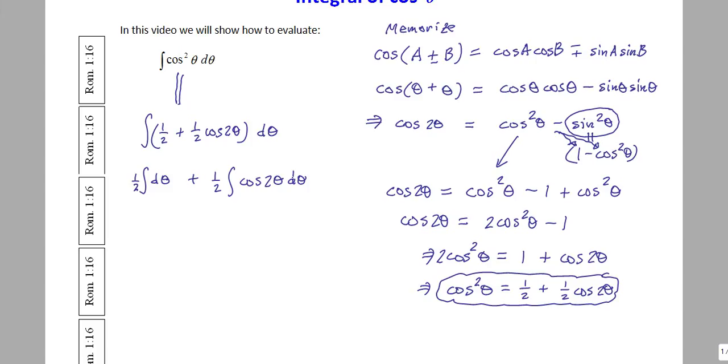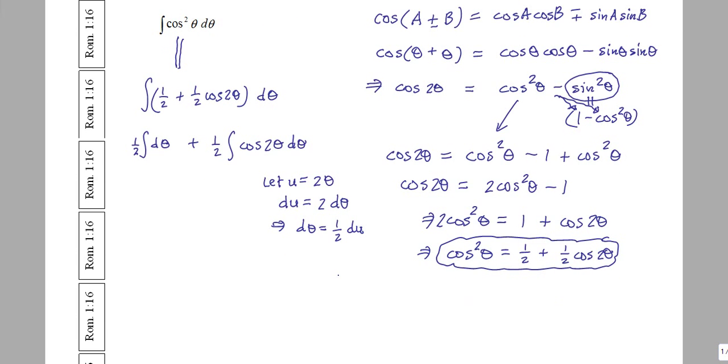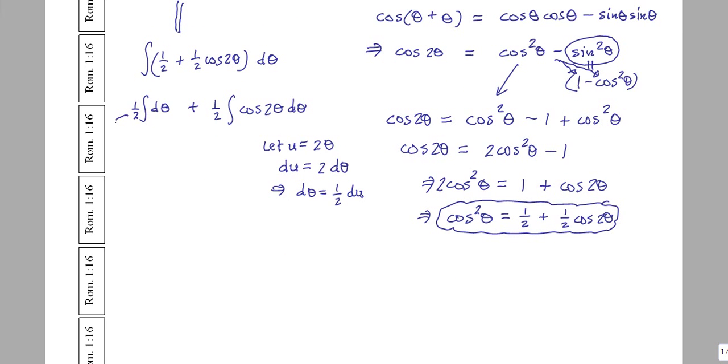And let's now do a u substitution. So let u equal the double angle. That means that du equals 2 d theta, or d theta is equal to a half of du. Right? So let's do this now. This right here becomes a half of theta, of course.